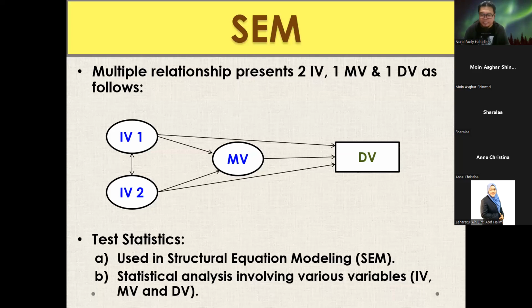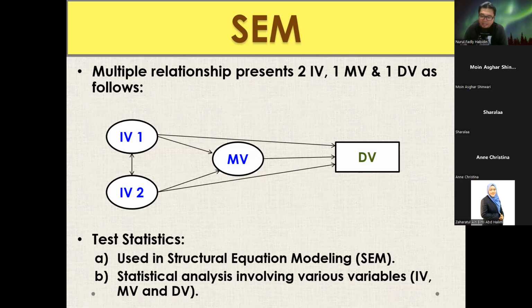So for example, in the problem statement, you get a research gap from the suggestion of the previous study, which highlights that in this model, you need to extend by doing moderating and mediating tests to make sure that this IV is supported by other variables. So it means that from the result, we can see the relationship between IV and DV is okay.